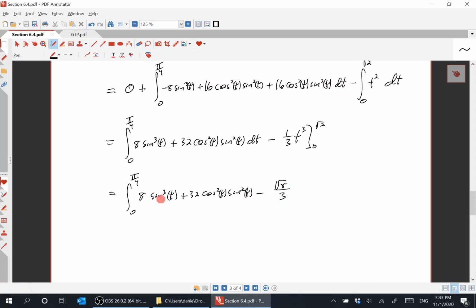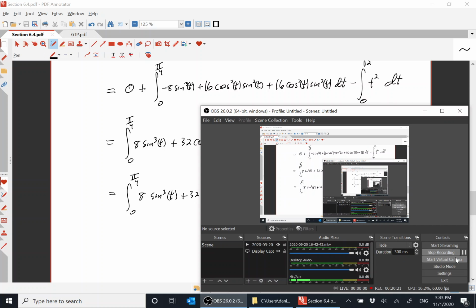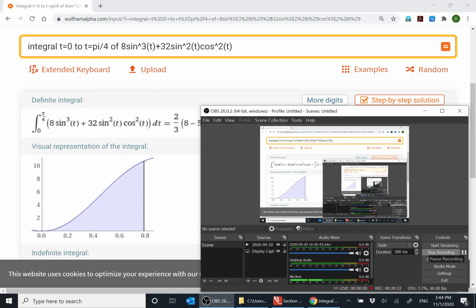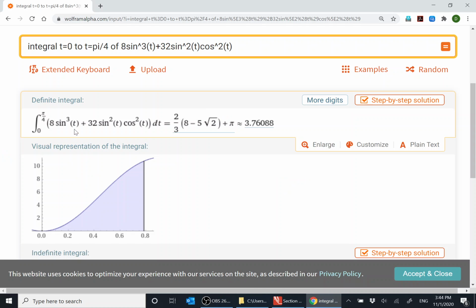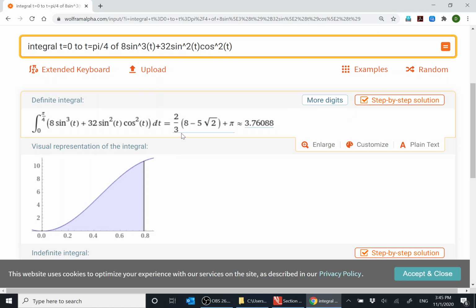Okay, so let's go to Wolfram Alpha and plug that one in there and see what we get. When we plug that in right here, this is the integral from 0 to pi over 4 of 8 sine to the third plus 32 sine squared cosine squared dt, which gives us this answer here: 2/3 times (8 minus 5 root 2).